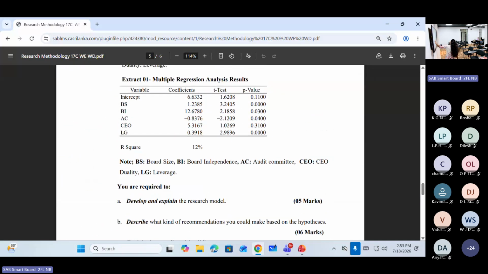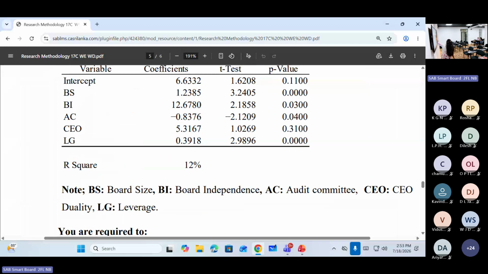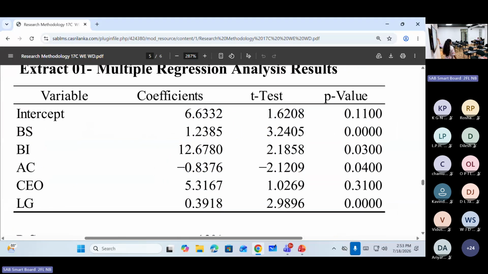What are the coefficients? Beta values. This is beta 0, and these are beta 1, beta 2, beta 3, beta 4, beta 5.